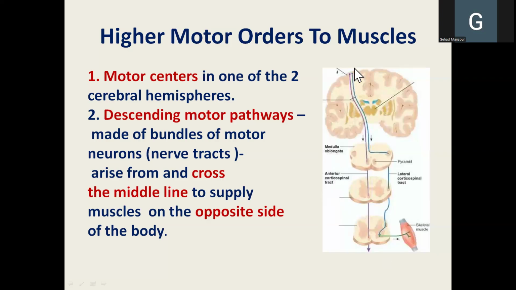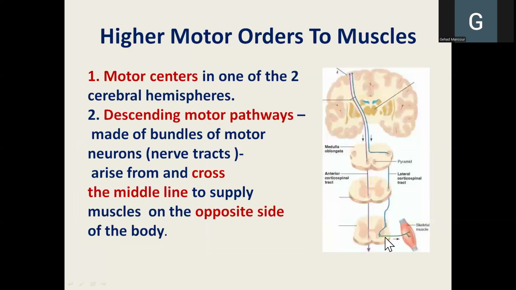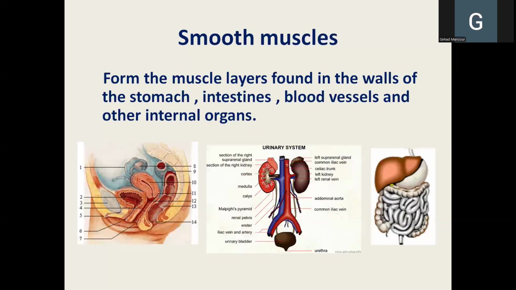Okay, these are the upper motor neurons, or the descending motor neurons. And we've talked about the lower motor neurons that start at the anterior horn cell when we were talking about the reflex on the previous slide.